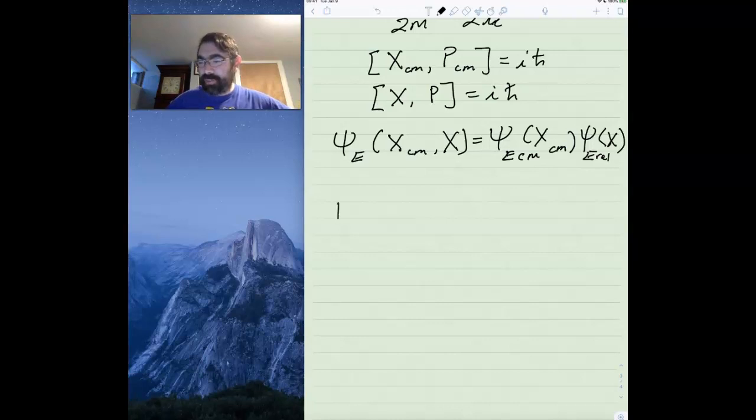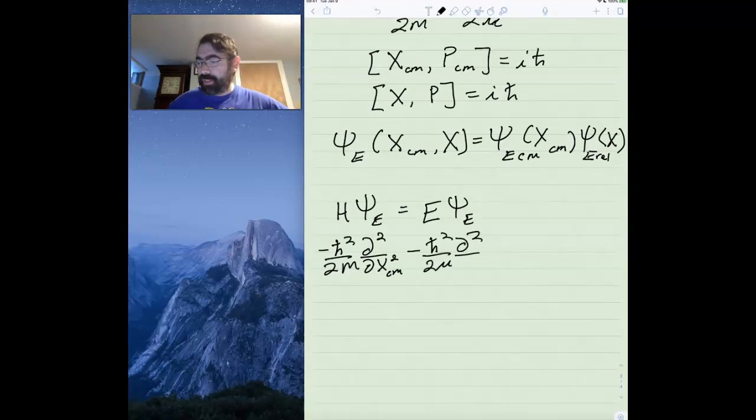What you get is something like this, where now if we write in the Hamiltonian, we get minus h bar squared over 2 capital M, the second derivative with respect to the center of mass, minus h bar squared over 2 mu, the second derivative with respect to the reduced position, plus the potential energy. All of that is now operating on our wave function, and that gives us the total energy times the wave function.